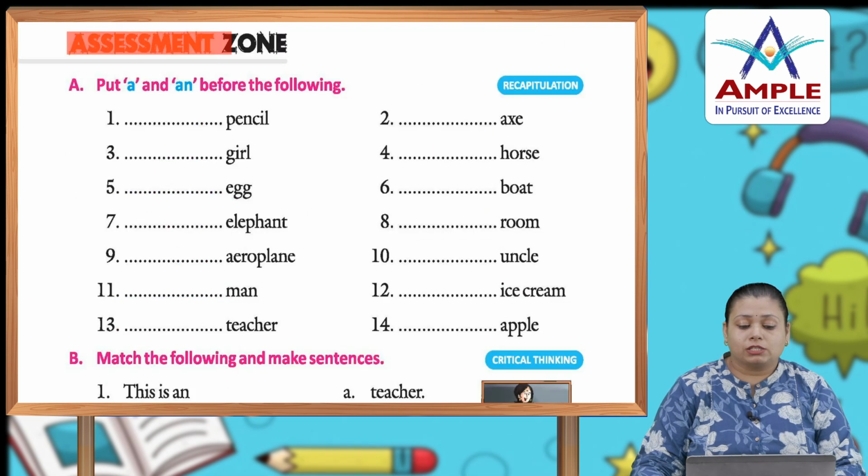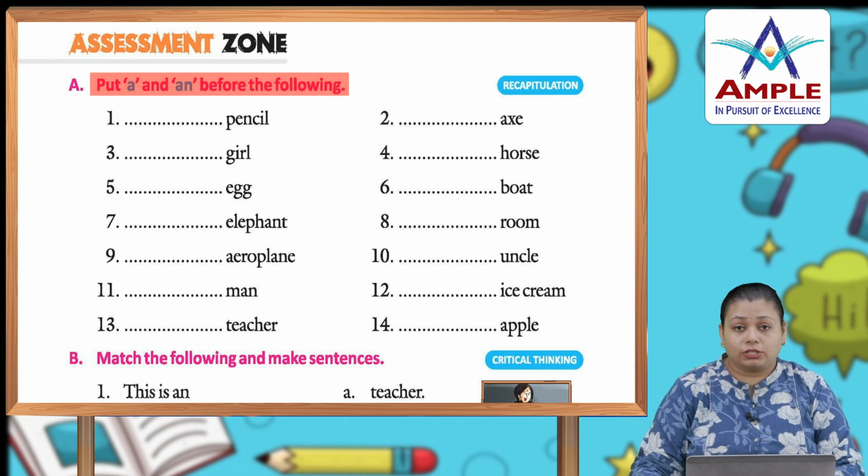Assessment zone. A, put A and An before the following. Remember that when the word starts with a consonant letter, you need to write A before that, and when the word starts with a vowel letter, you have to write An before that.